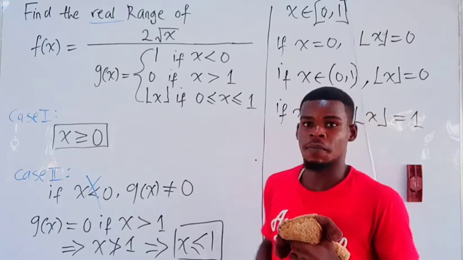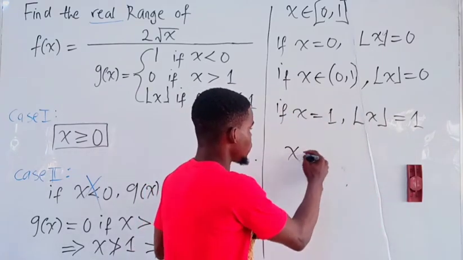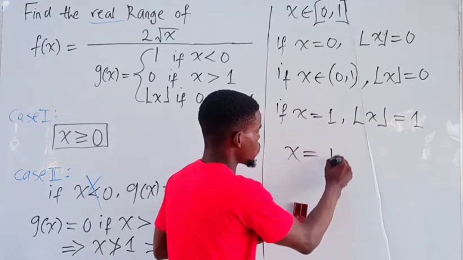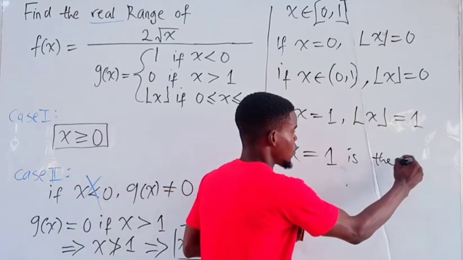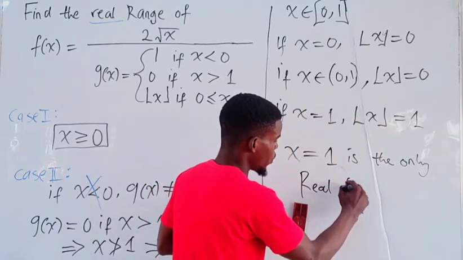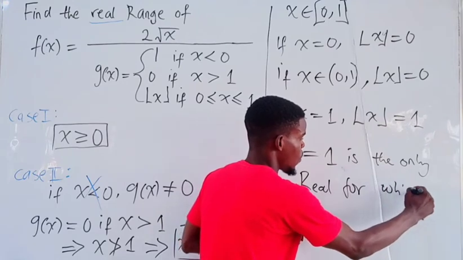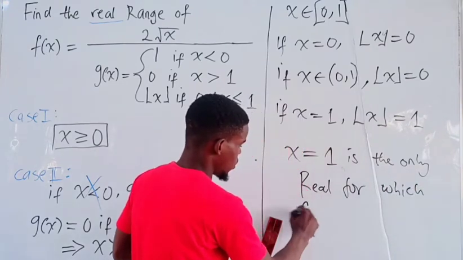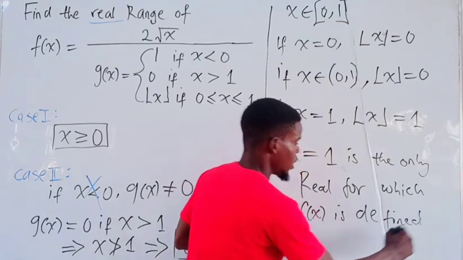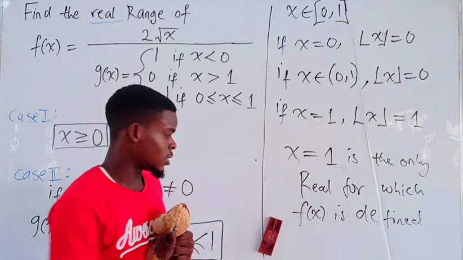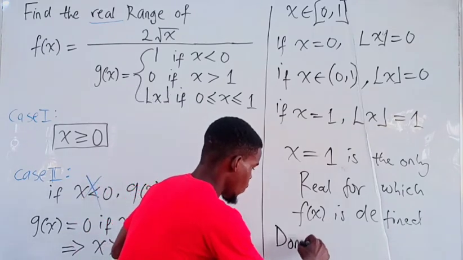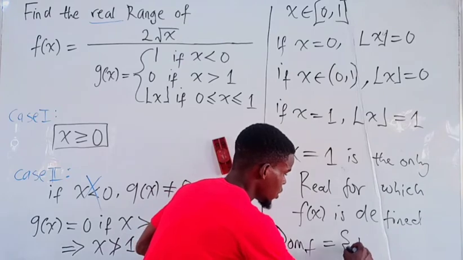So what that tells us is that x equal to 1 is the only real number for which the function is defined. That means that the domain is a singleton. It contains only the real number 1. So the domain of f is a set containing only 1.